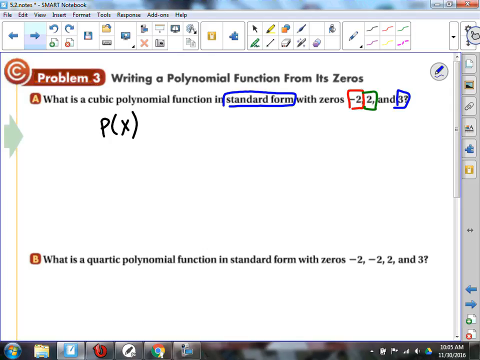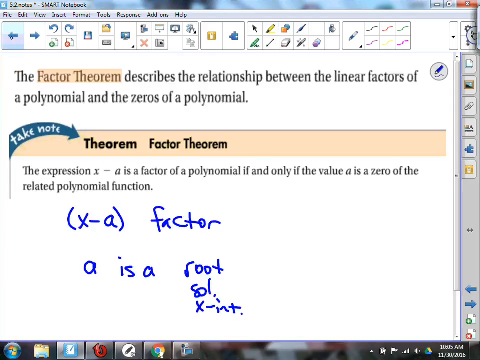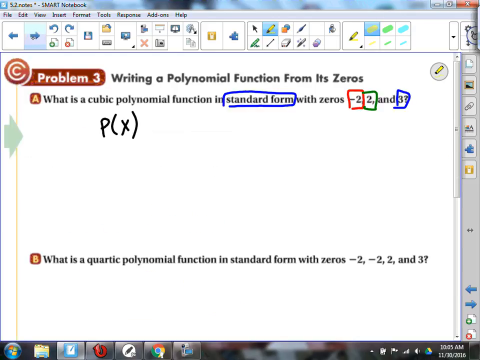We should be able to work backwards because of that if and only if. Okay? There's a reason in math that we use these words, if and only if. Because of that, it means that statement's reversible. It means if a is a 0, then x minus a is a factor. So if negative 2 is a 0, then x minus minus 2 is a factor.